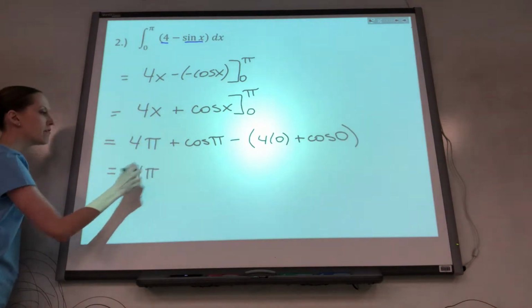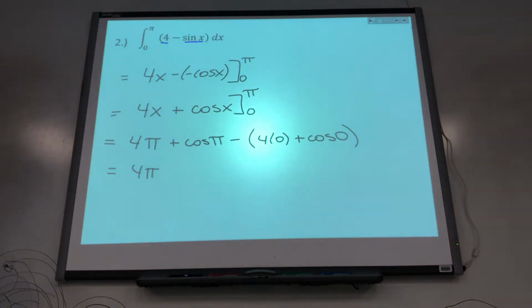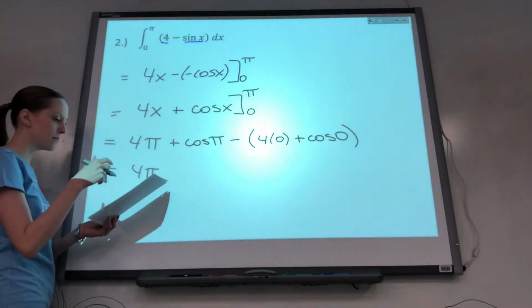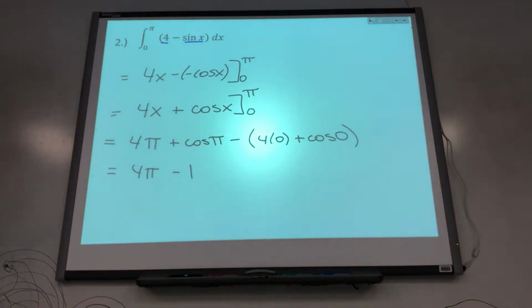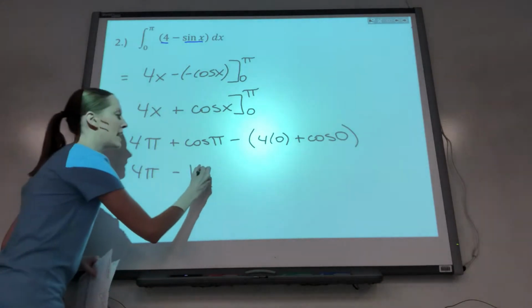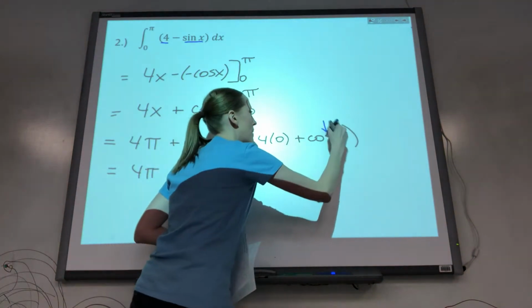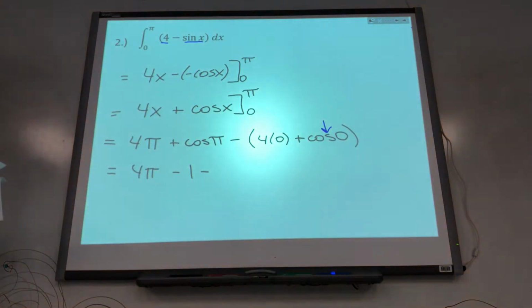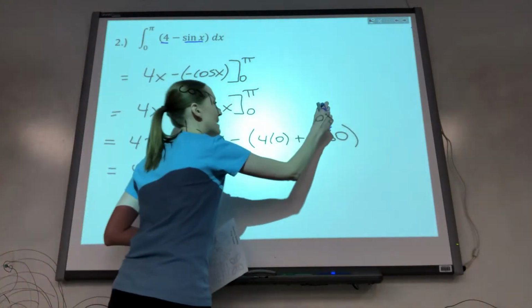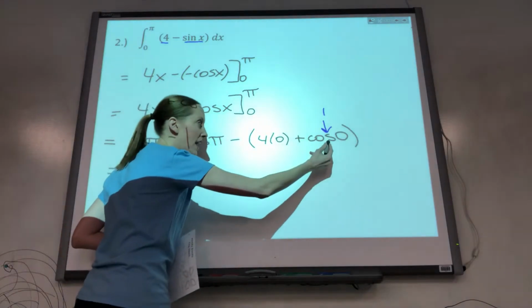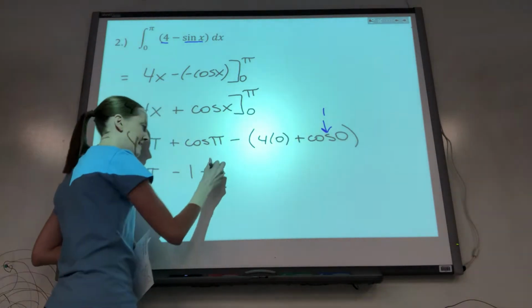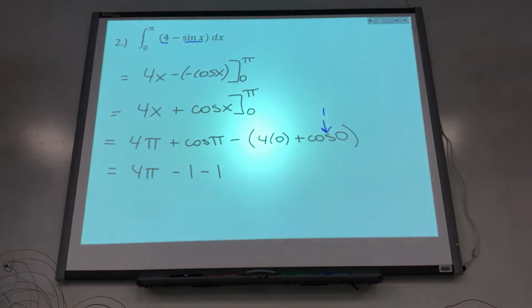I'll leave 4 pi alone for just a second, and then looking at handy dandy, cosine of pi is -1. So I'm not going to put plus -1, I'll just put -1 right there. And then in parentheses, cosine of 0 is the same as 1.